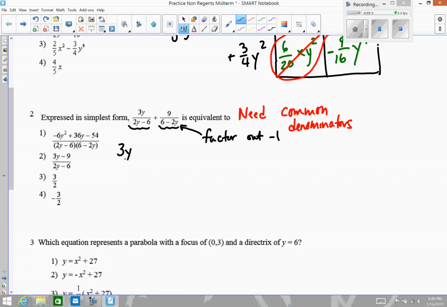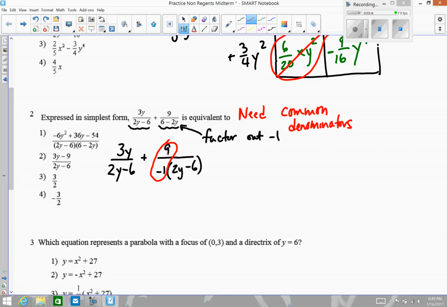Then, bringing down this first fraction and factoring out a negative 1 out of the second denominator, I could make this 2y positive and the 6 negative. Now I can see that the 9 over the negative 1 would become a negative 9.